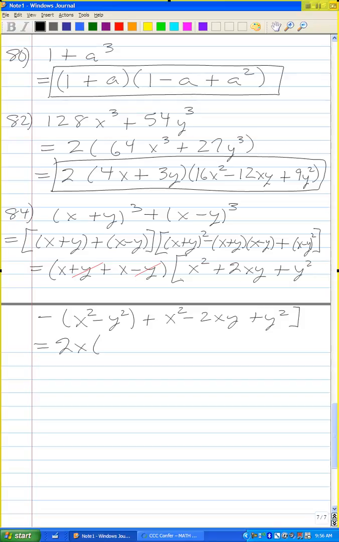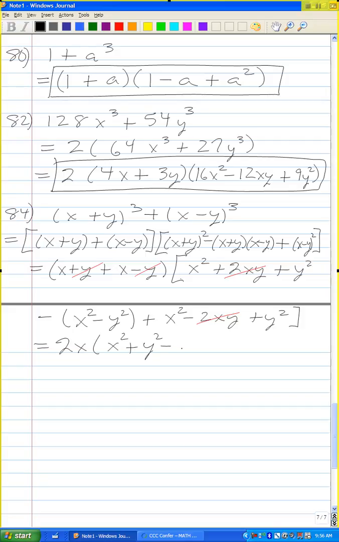The 2xy's cancel, and so I get x squared plus y squared minus, I'll change all the signs. Since there's a minus outside the parentheses, I'll change all the signs inside the parentheses.